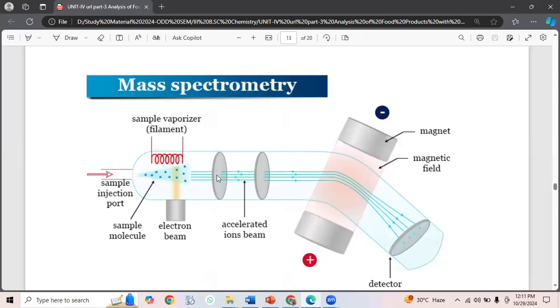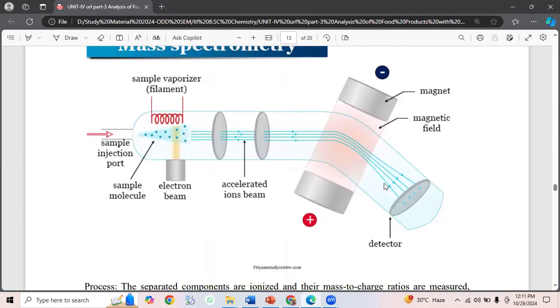This acceleration enables the ions to separate based on the mass to charge ratio. The ions then pass through the mass analyzer, which separates them by m by z ratio, that is mass by charge ratio. Different types of analyzers include quadrupole, time of flight or ion trap.